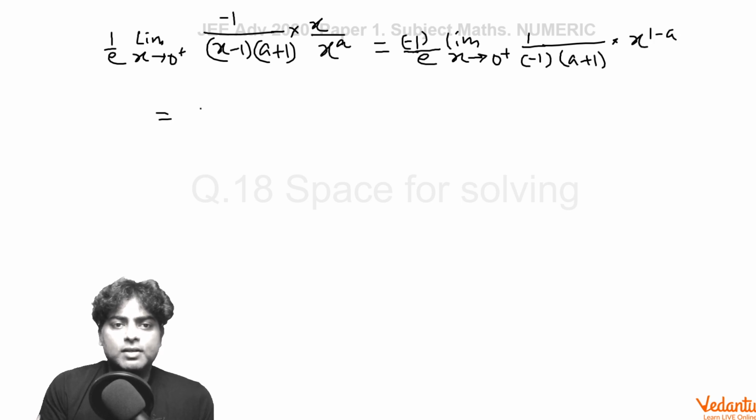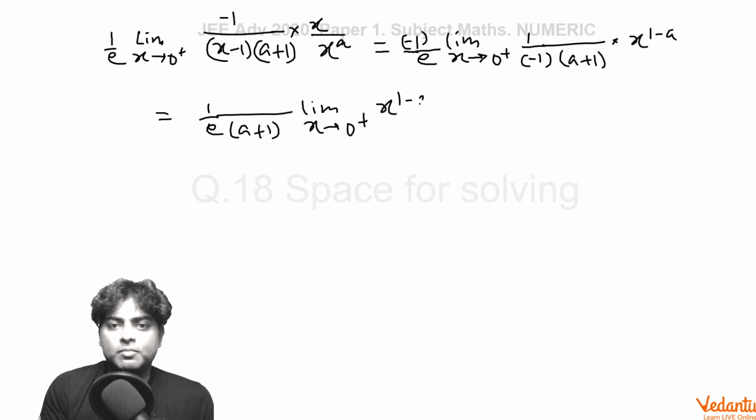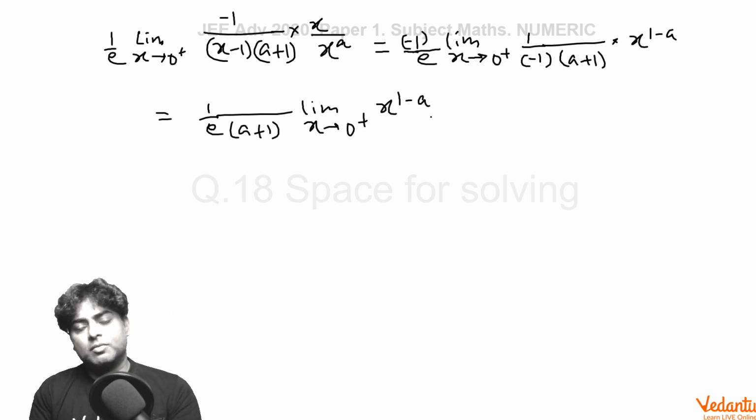So we are finally left with 1 by e(a plus 1) limit x tends to 0 plus x raised power 1 minus a. Now think about it.